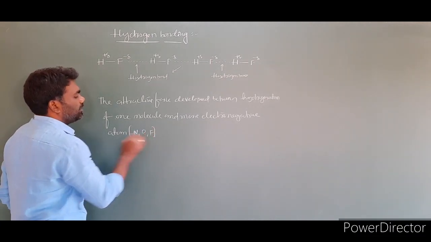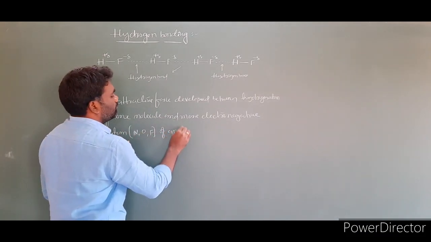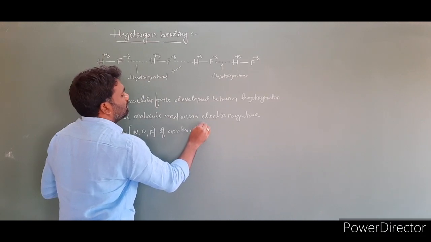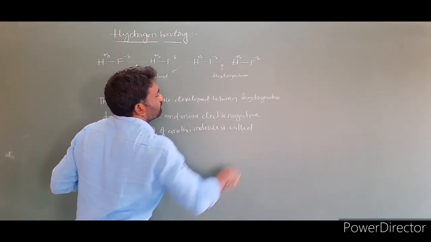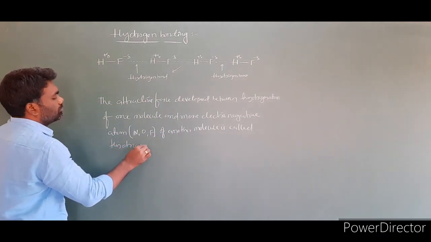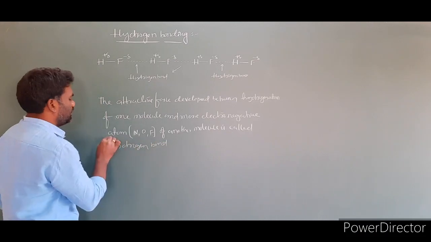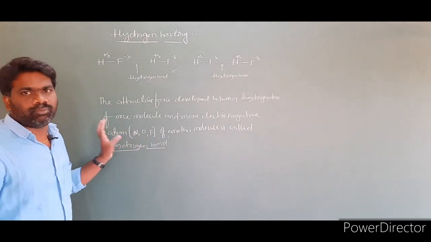These are the most electronegative atoms. A more electronegative atom of another molecule is called hydrogen bond or hydrogen bonding. Right, this is the definition of hydrogen bonding.